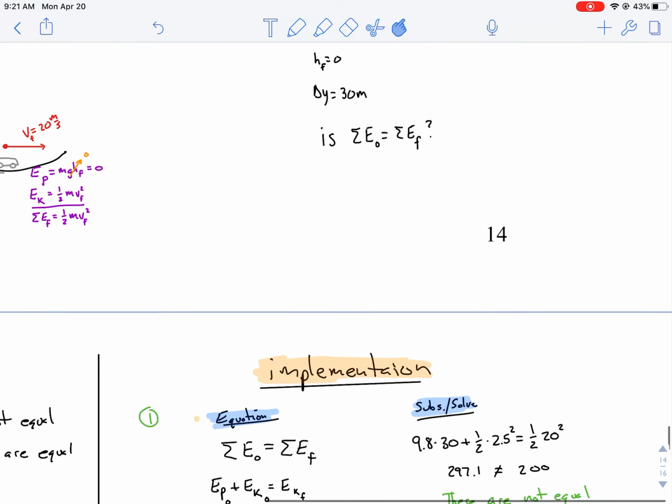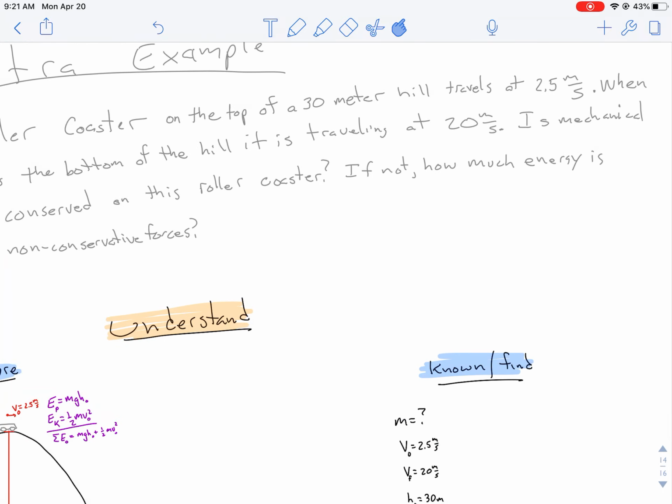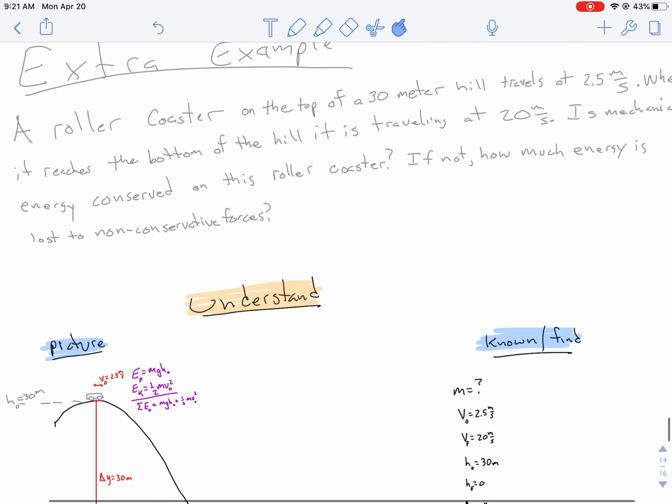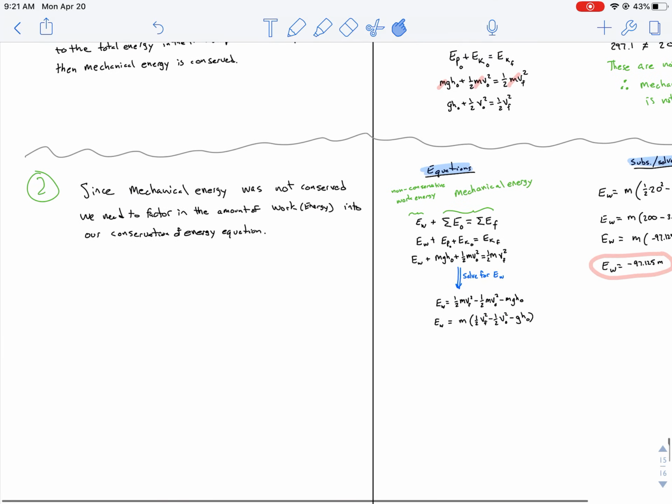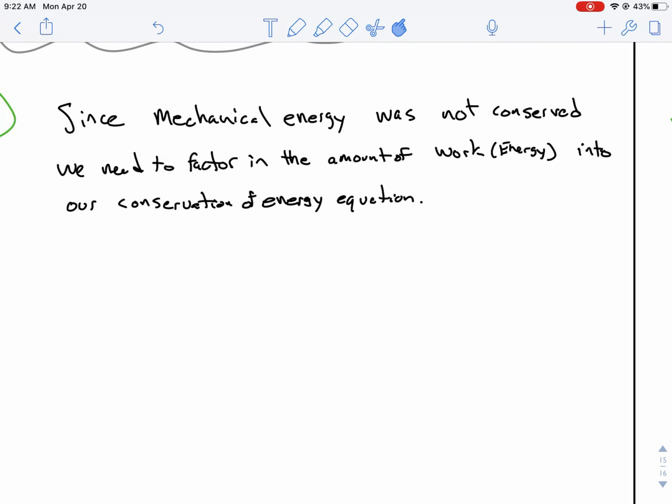So if we go back and refresh our memory, the question was, if not, how much energy is lost to non-conservative forces? So let's take a look at the second part of this. We know that mechanical energy was not conserved. So what we want to figure out is how much was lost.